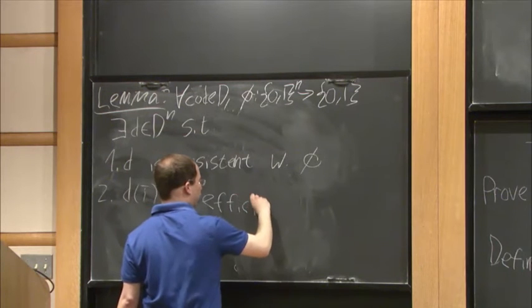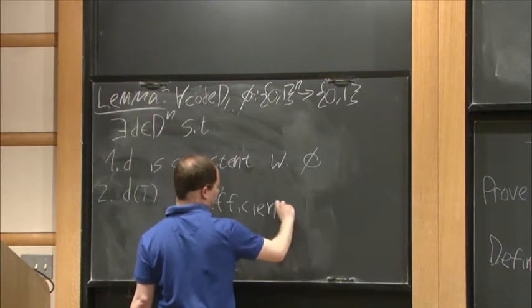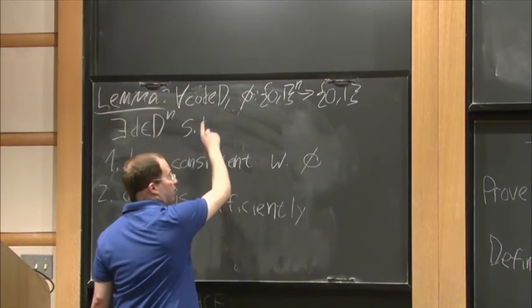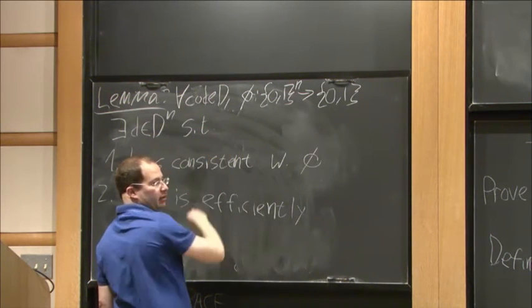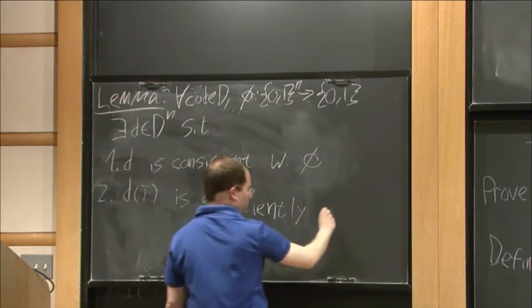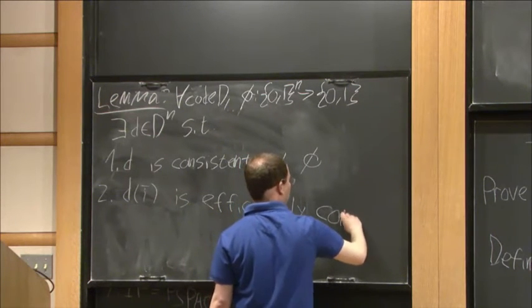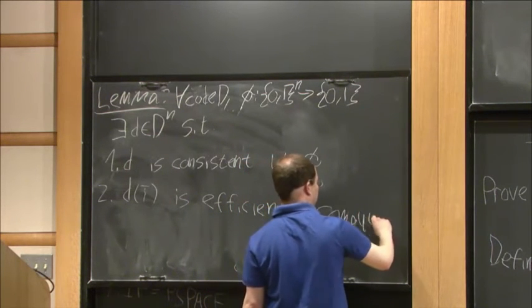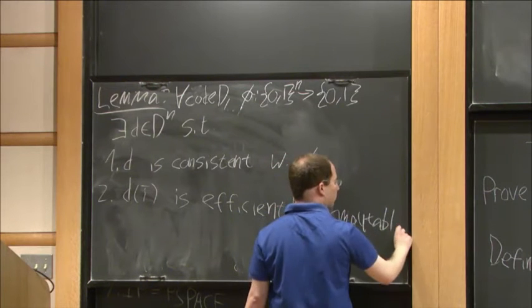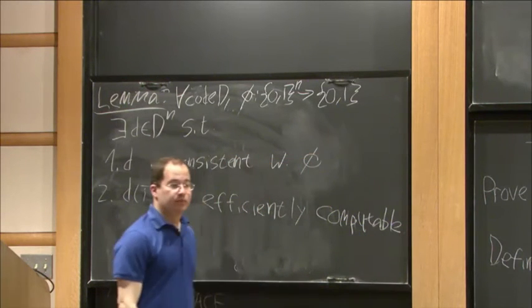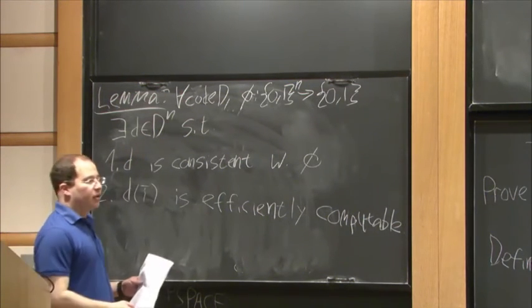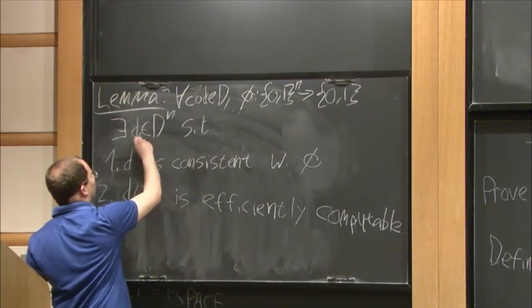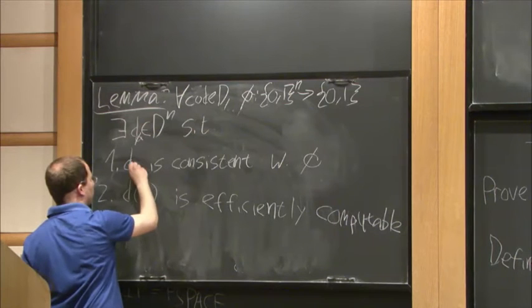That is, there is a polynomial time algorithm that is given D, the generating matrix of D, it is given phi, and it is given a coordinate I, and it computes small d at coordinate I. And let's denote it d sub phi.